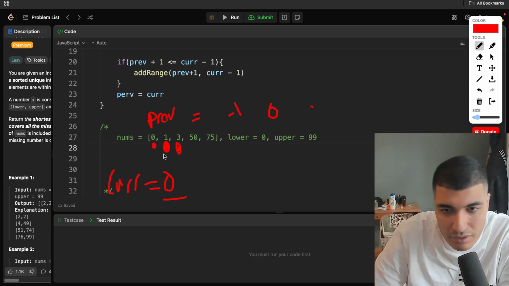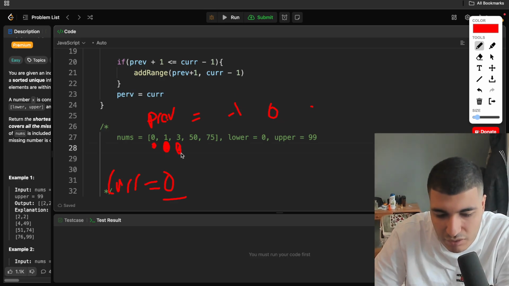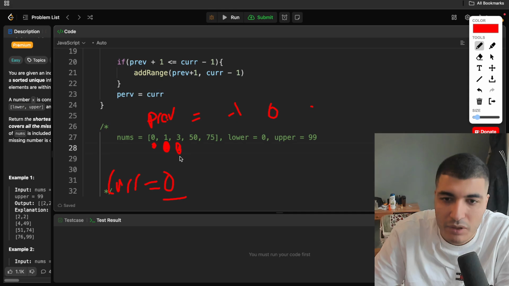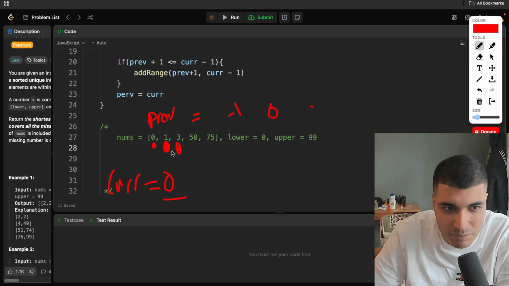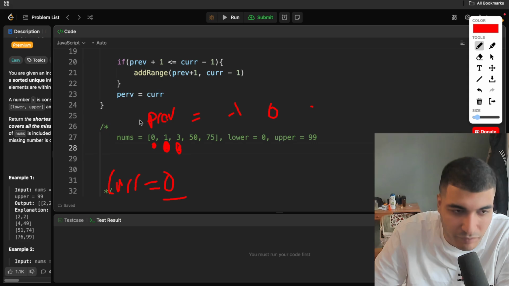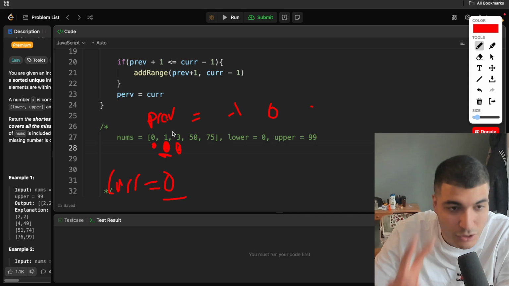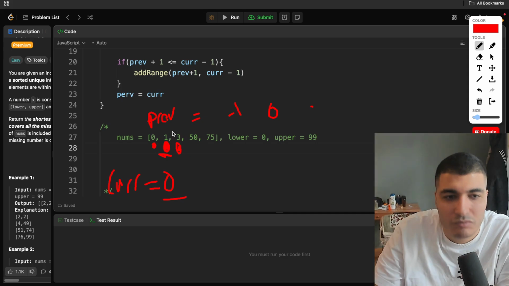So how do we know that something is missing? If previous plus 1 is less than or equal to current minus 1. Current minus 1 will be 2, and previous plus 1 should be 2.